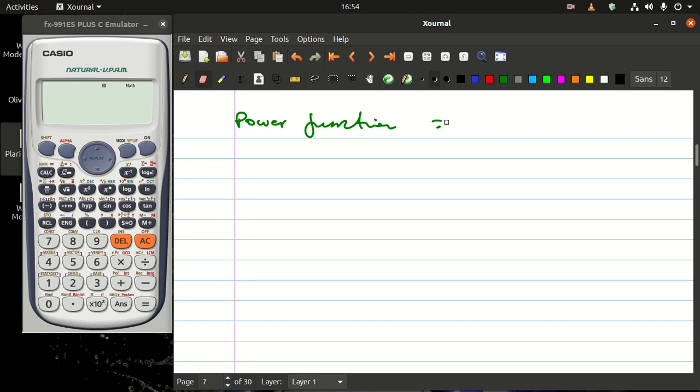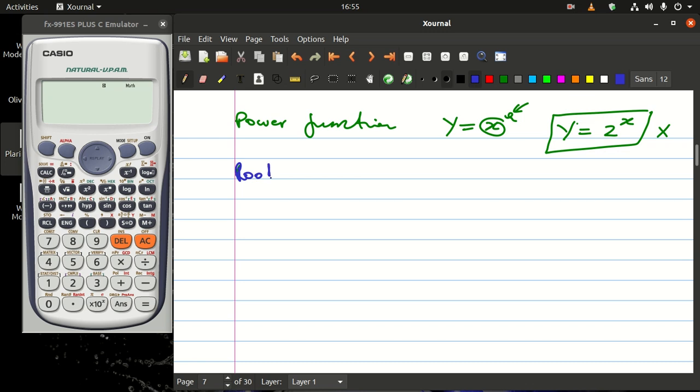We have y is equal to x to the power a, where a is a real number, and x is the base, which means that if you have y is equal to 2 to the power x, this is something else because 2 is not the same as x. We want x to be the base. Here we have 2, so this is not a power function. Right. And now, what I want to mention is the root functions. What are the root functions?